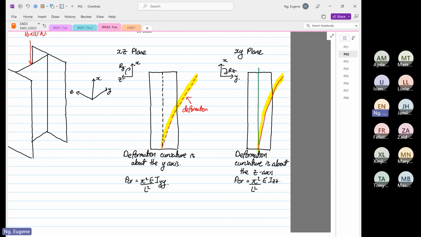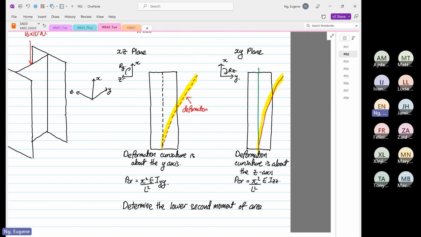Which one to use? We have to find out by selecting the lower second moment of area. Why is that?